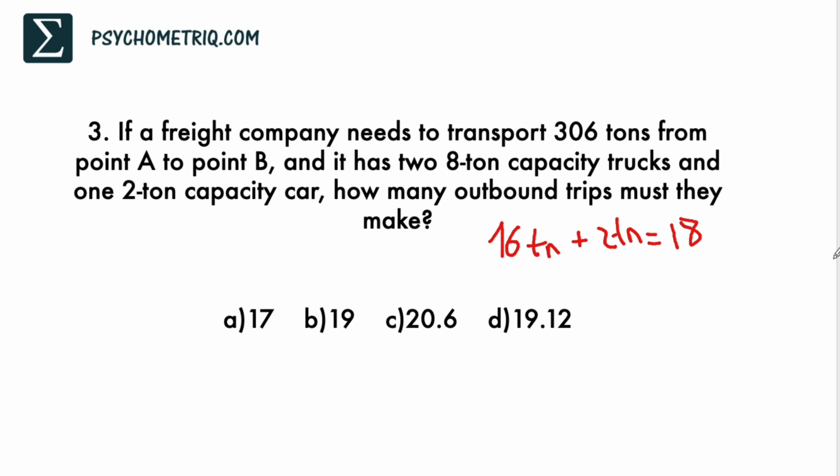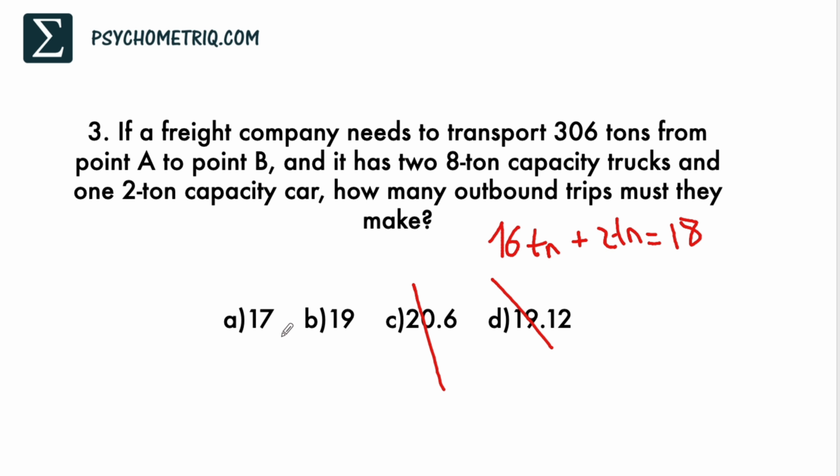In each trip, 18 tons can be transported, and we have to reach transporting 306. Which answer option, when multiplied by 18, gives us 306? Or we can also divide 306 directly by 18. What's the fastest way to do this? With decimals, it's impossible because you won't make half a trip or a quarter of a trip. These two options are already discarded.